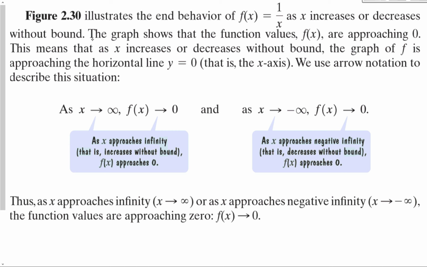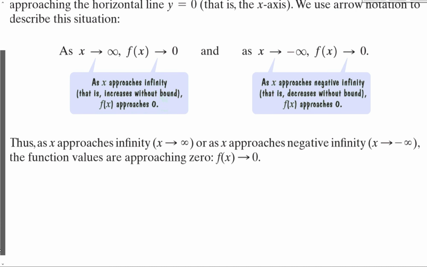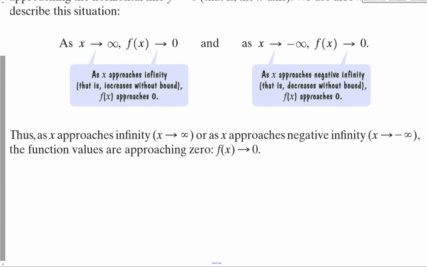We can use arrow notation to describe this situation. As x approaches infinity, the function approaches 0. As x approaches negative infinity, the function approaches 0. Okay? Thus, as x approaches infinity, or as x approaches negative infinity, the function values are both approaching 0.